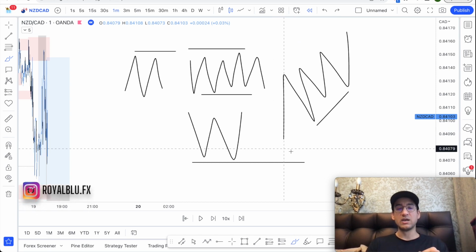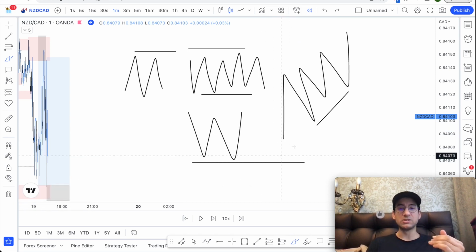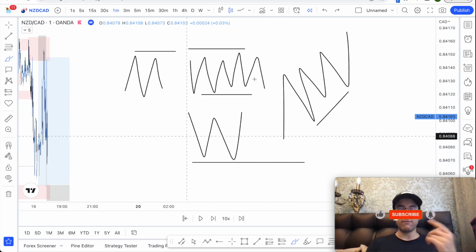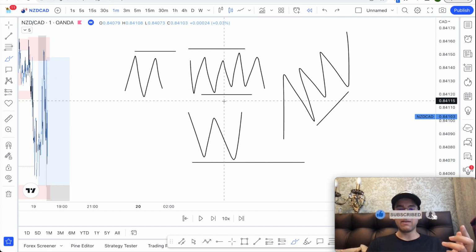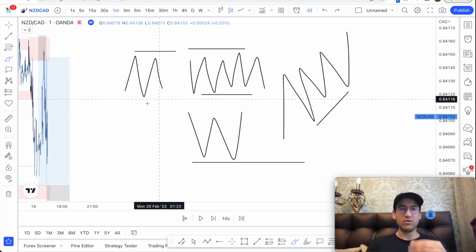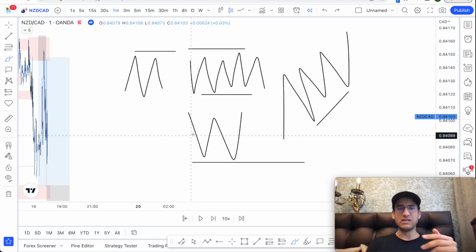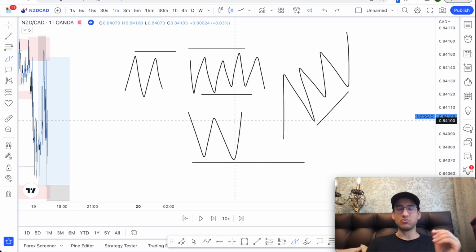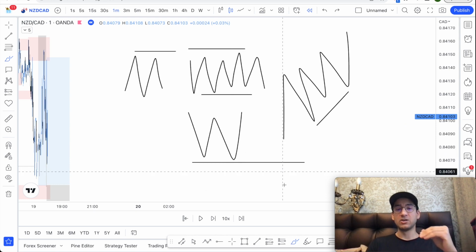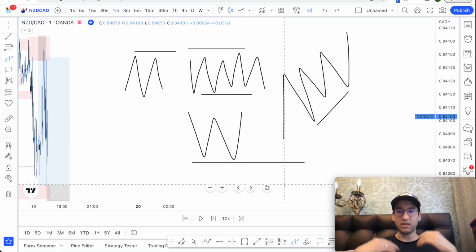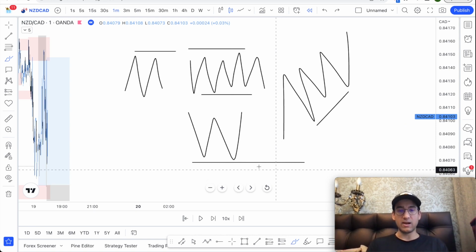So normally I teach a lot of my students how to get away from that pattern behavior thinking and pattern spotting, and rather understand why the market does what it does specifically. Once you understand this, you will be able to get out of that thinking and start to understand why the market moves.